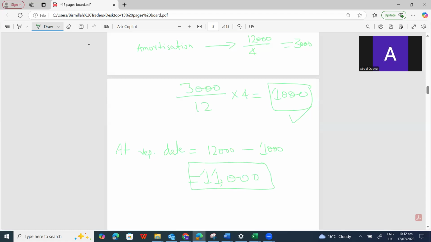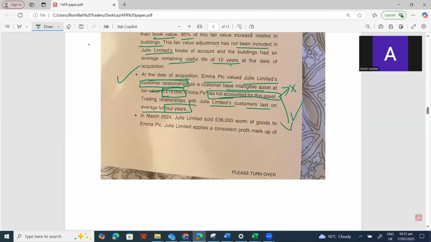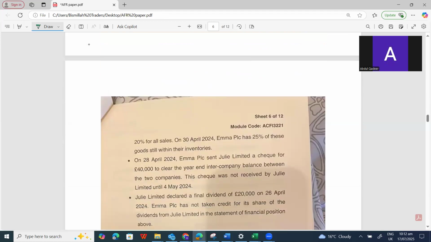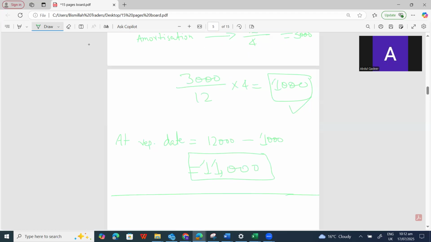That's clear for you now. Now let's see if any other asset is remaining to calculate. In March, Julie Limited sold. This is about pulp, and this is about intra-group transaction, and this is about final dividend. Okay. We are about halfway through our questions.